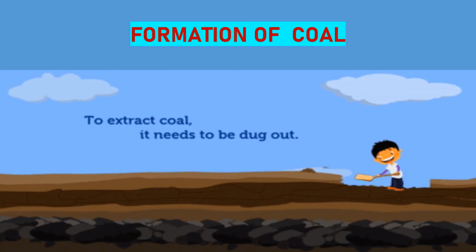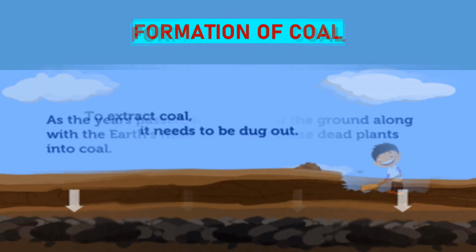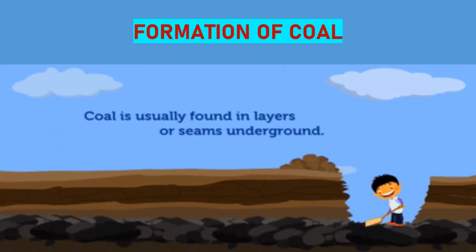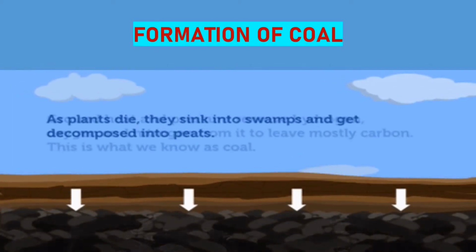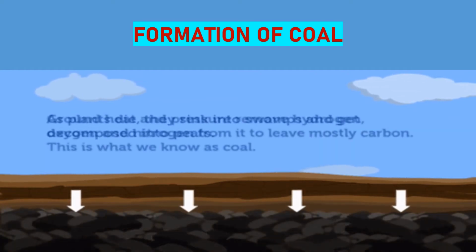In order to extract this coal, it has to be dug out, and the coal is generally found in layers underground. When plants die, they sink into the swamp, and the ground heat and pressure remove hydrogen, oxygen and nitrogen from them to leave mostly carbon. And this is what we know as coal.